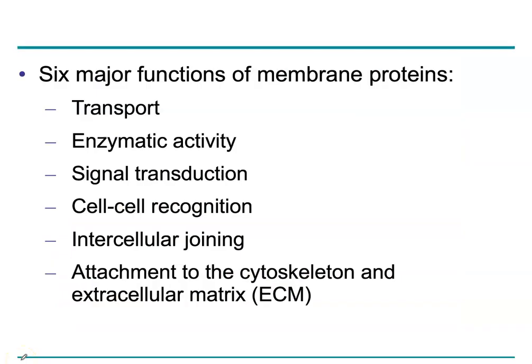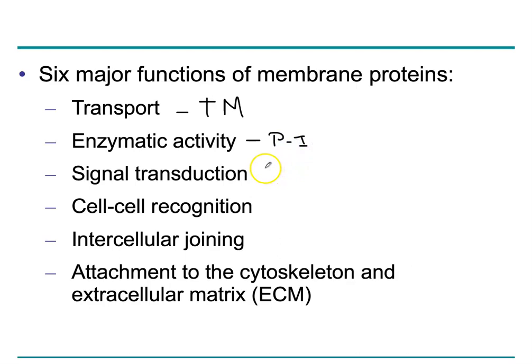The membrane proteins basically are doing some of the most important functions that are required for the day-to-day functioning of the cell. So transport is usually done by transmembrane proteins. I'm just going to call it TM. Enzymatics happens on the inside of the cell, and so that is going to be done by peripheral proteins, peripheral internal proteins.